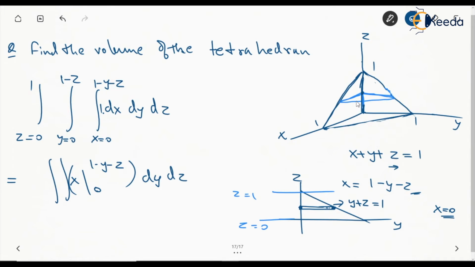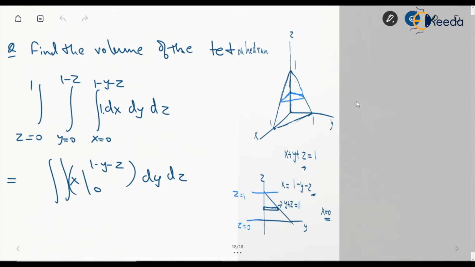I'm not mentioning the limits, it is already there. So the first one, the limits will give 1 minus y minus z. We have to integrate it in terms of y and then z. The limits are 0 to 1 minus z and 0 to 1.